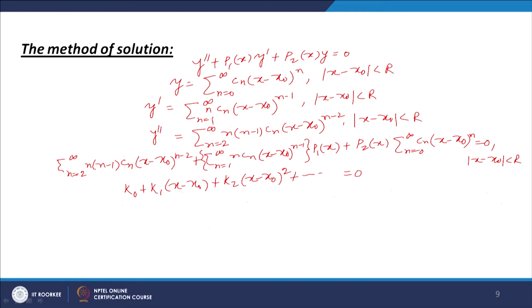Now, by the identity principle, the coefficients of various powers of x minus x naught will be 0. So, k naught equal to 0, k1 equal to 0, k2 equal to 0 and so on. Once we put them equal to 0, we will get a relation between the coefficients C_n.